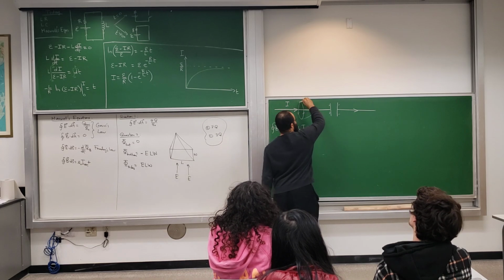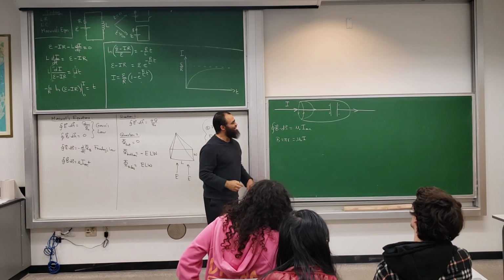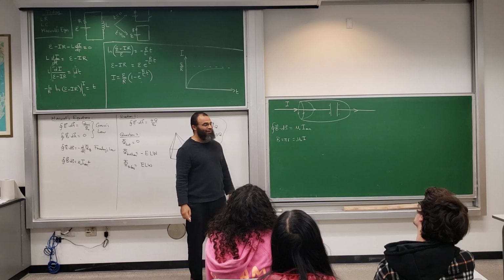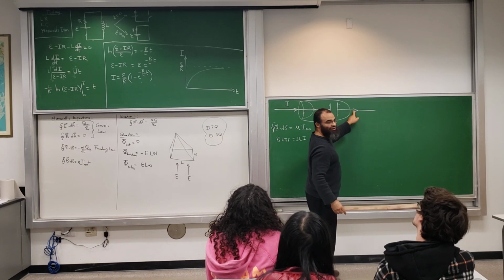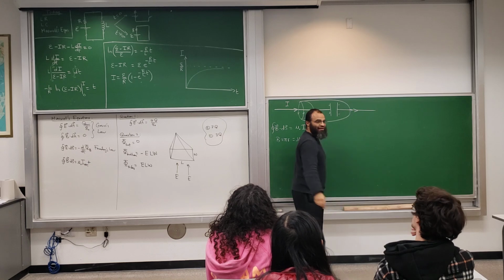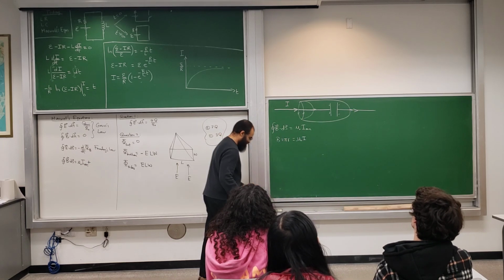Let's make the area here. Is there current passing through that? Yes, the current is passing through it. The area ends here, and there is current through it. So it's still good. Here is the issue.